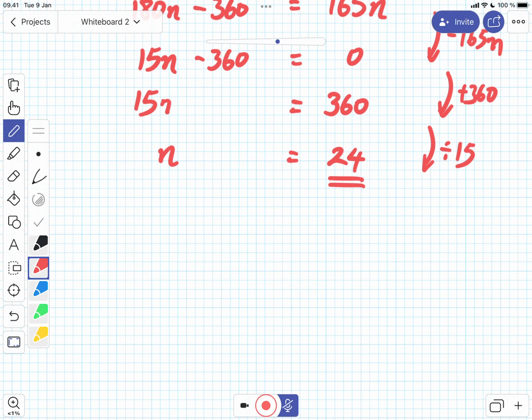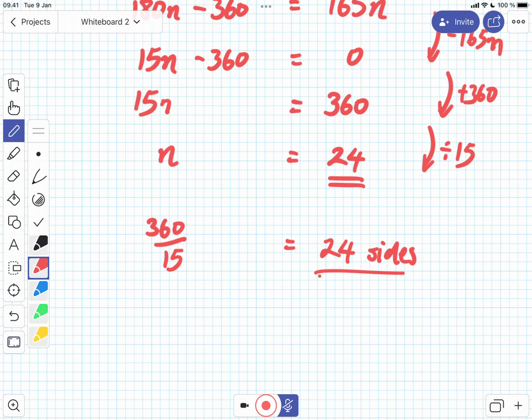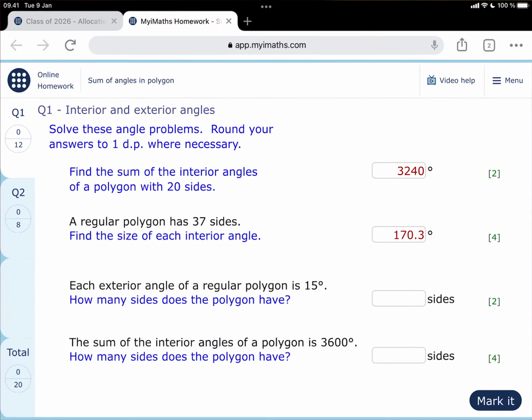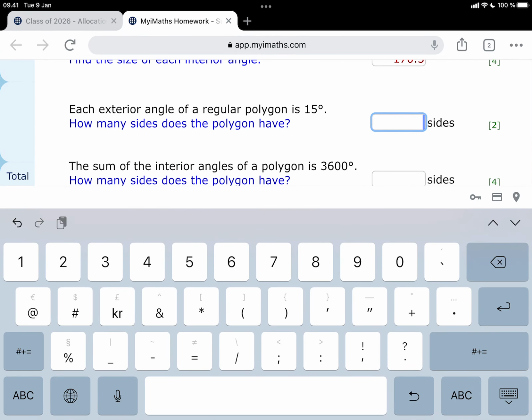So you can just say that 360 divided by 15 gives you the number of angles, and 360 divided by 15, well, we just worked it out, 24, not 24 degrees, but 24 sides. So you can do it directly from 360 divided by the exterior angle. So anyway, it's 24 sides, we've finally figured out, despite the glitches in my mental arithmetic.